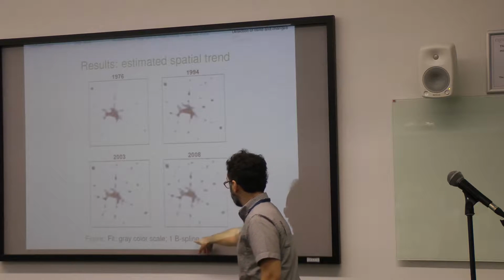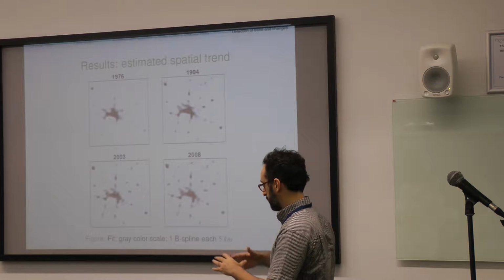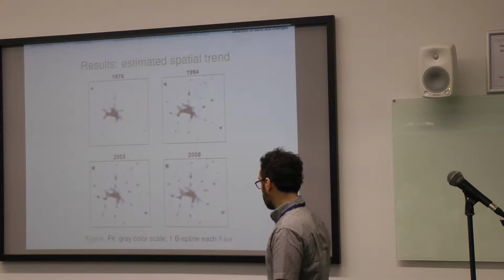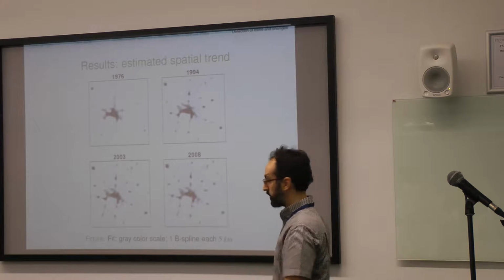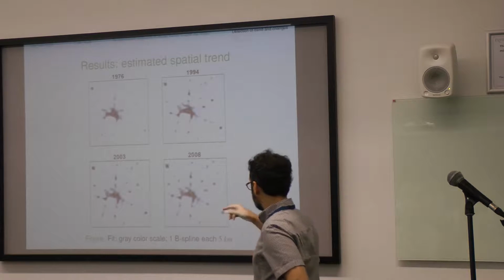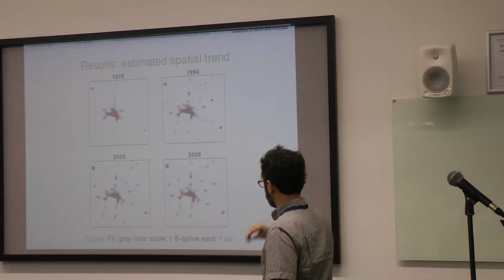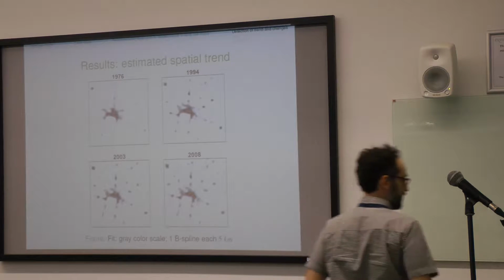In this case, we chose quite a rough B-spline grid, with one B-spline, one of these bell-shaped functions, every 5 kilometers, and you get this smooth pattern, which gives you an idea of where the spots of urbanization are.